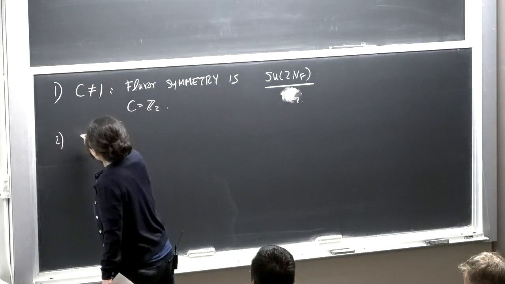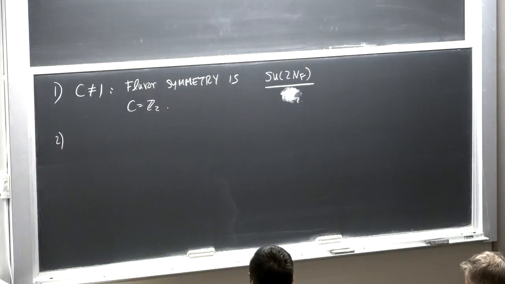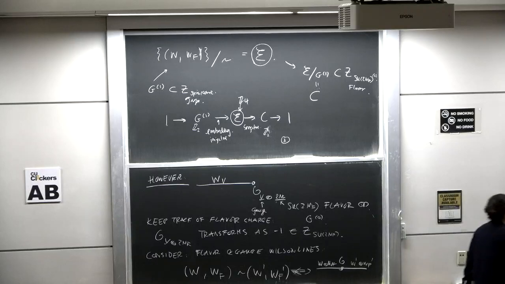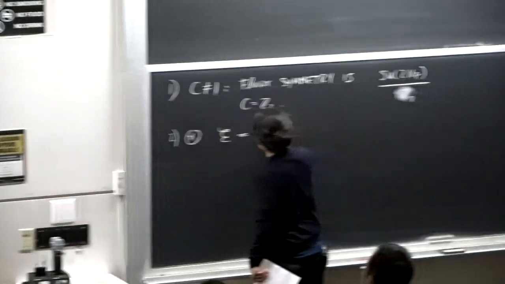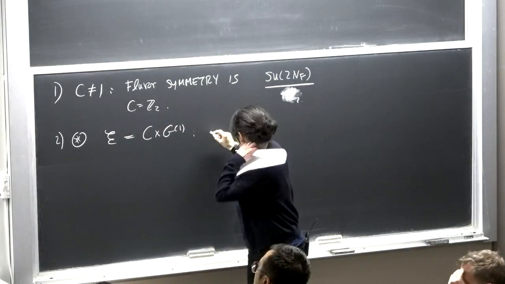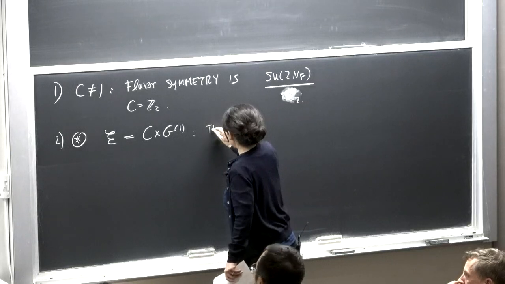And if this sequence, star, does not split, so if E is equal to C times G1, then we don't have a two-group. There's no two-group.